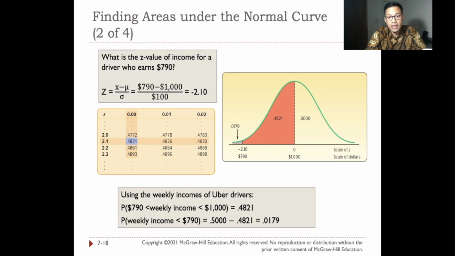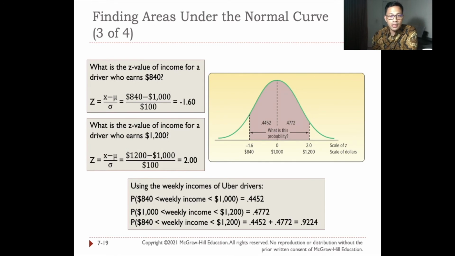In this particular case, you can just recall that the area to the left, from the mean to negative infinity, is 0.50, and so the area to the left minus the area shaded with orange is 0.5 minus 0.4821, which is 0.0179. And so the probability that a driver earns below 790 is going to be 1.79%, which is quite low given the distribution.